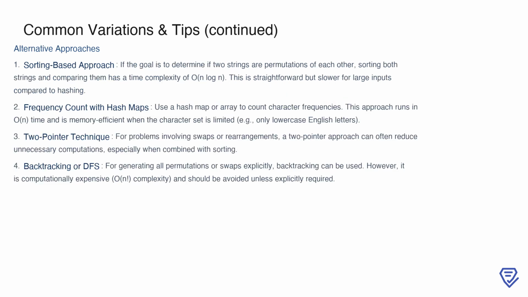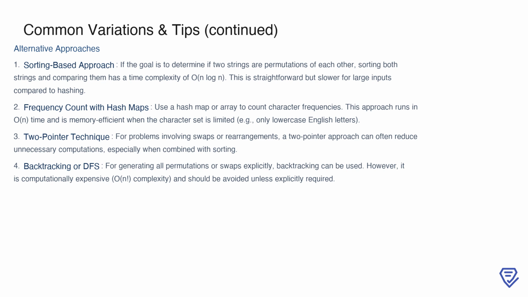There are also several alternative approaches to solving string manipulation problems, each with its own trade-offs. A straightforward method is sorting. For example, if you're determining whether two strings are permutations of each other, sorting both and comparing them is simple to implement, though it has a time complexity of O(n log n). For a more efficient alternative, you can use frequency counts with hash maps.